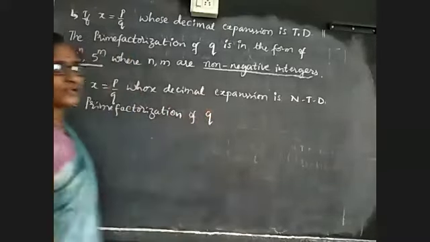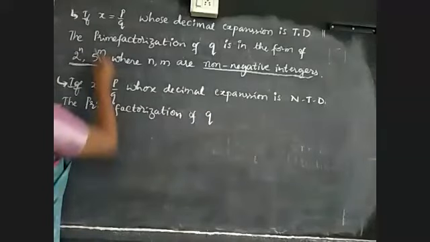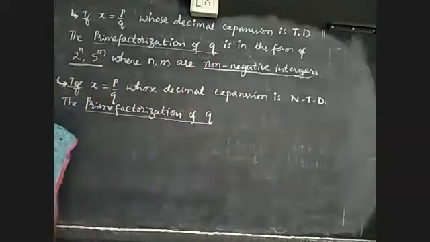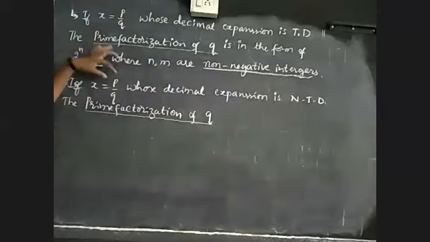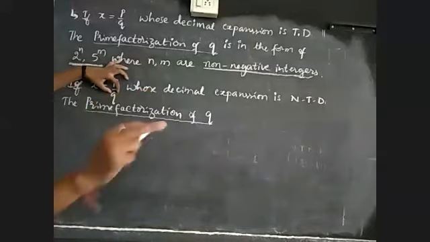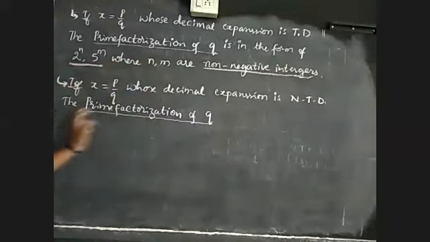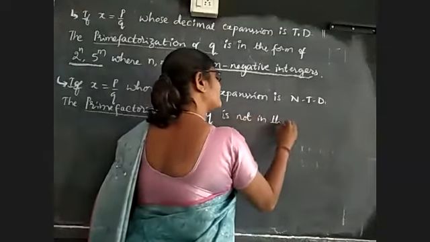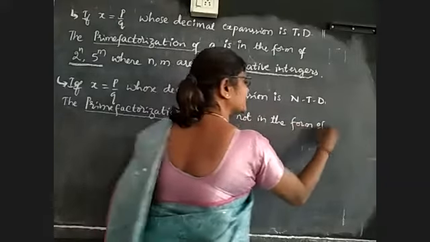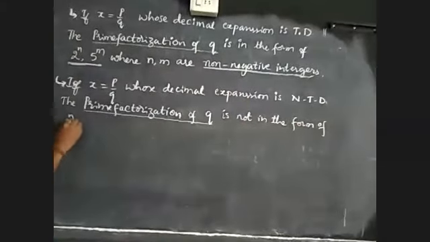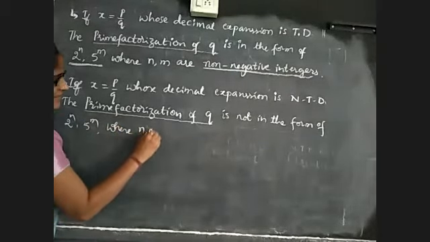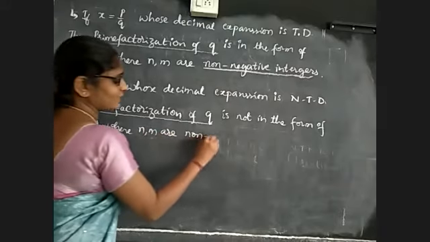The common point in both theorems is that they give a condition about the prime factorization of q only. That means we don't need to touch the p value given in the problem. We have to focus completely on the prime factorization of q. Here, the prime factorization of q is not in the form of 2 power n, 5 power m, with the same conditions where n and m are non-negative integers.